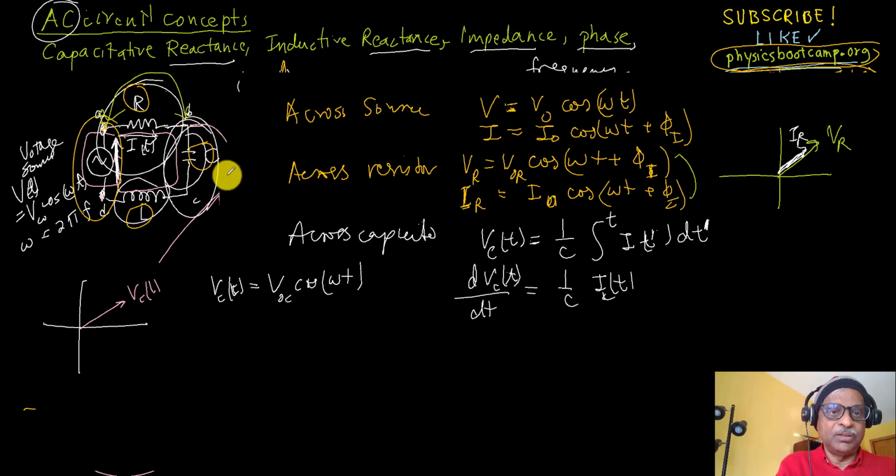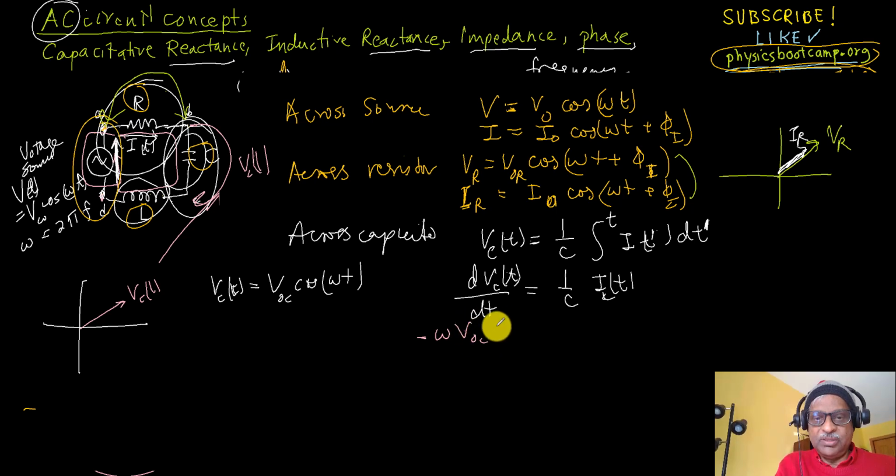That's the voltage across the capacitor. If I plug in there, then I get minus omega V0C sine omega t, and that's going to be 1 over C times IC of t.